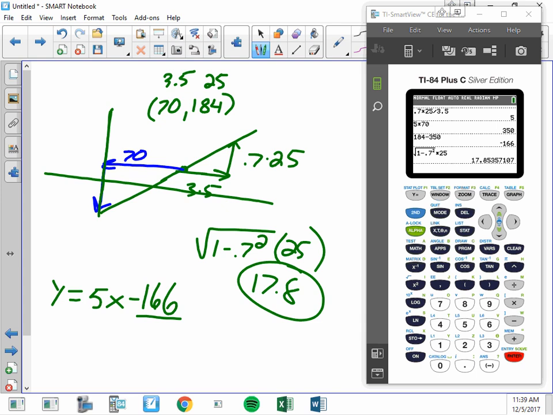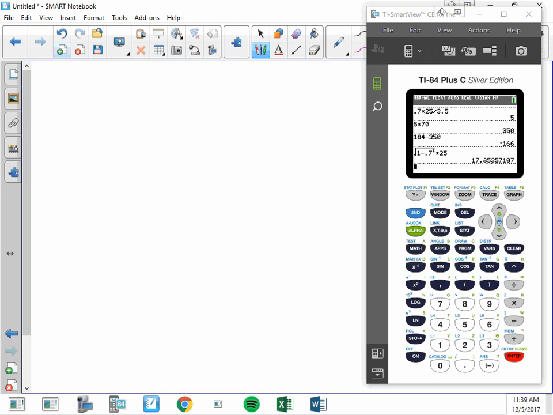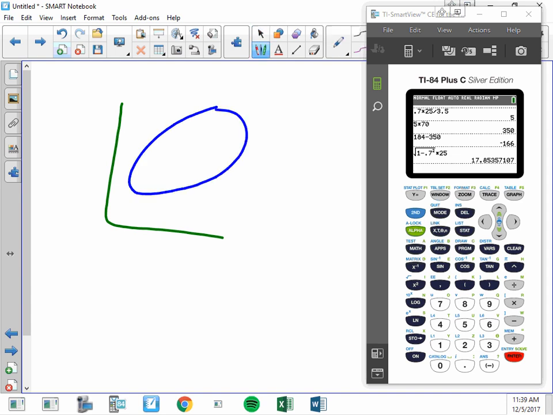And I have drawn this picture over and over and over, and it looks like some of you are starting to get it. So if I have a football and I draw my Y bar line, that is the average Ys. On average, those numbers are 25 units away from 184. Right?